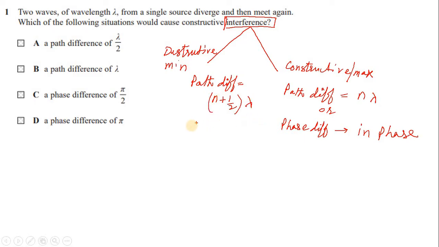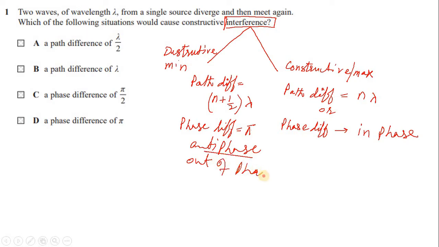Or the phase difference is pi, meaning antiphase or out of phase. So if the phase difference is pi, we call it antiphase or out of phase, then we have destructive interference.